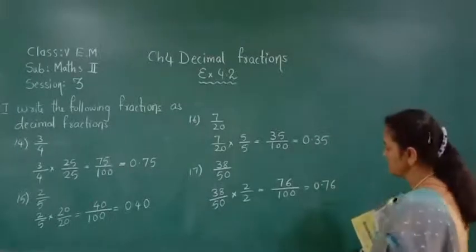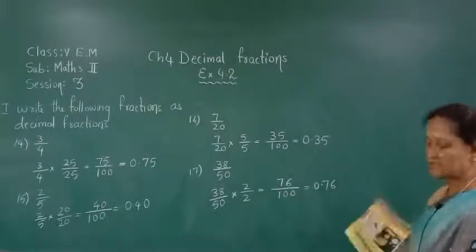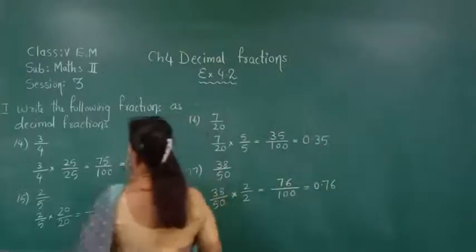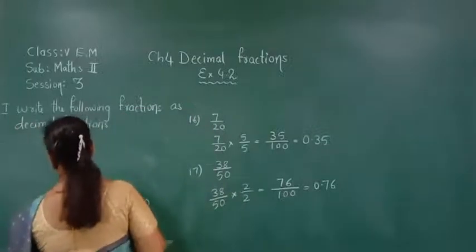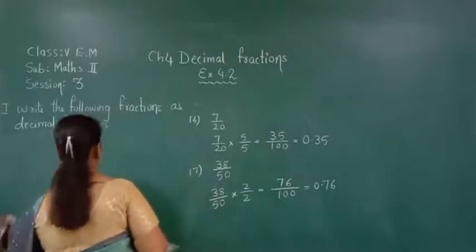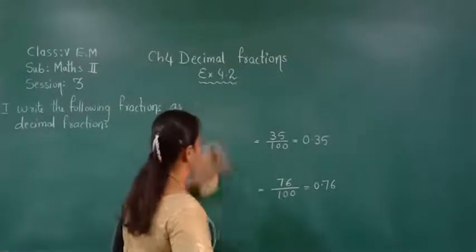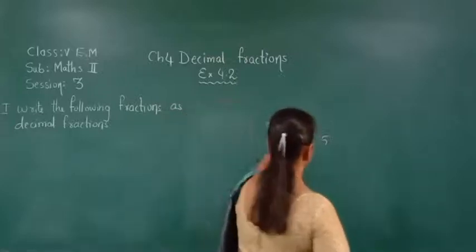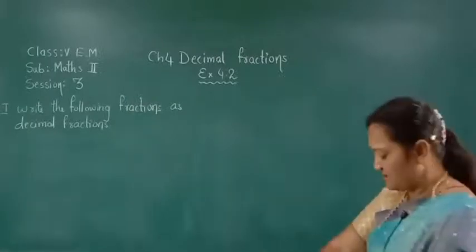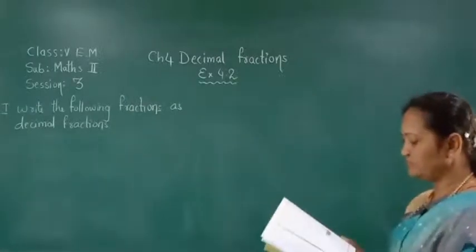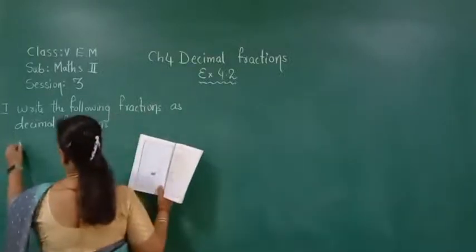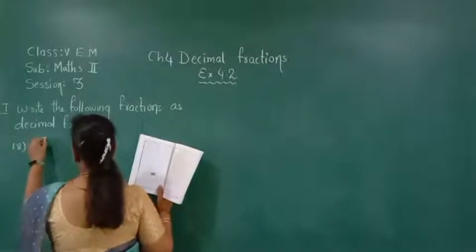So here it is 0.76. Then let me go to 18th question. 18th question is 17 by 25.